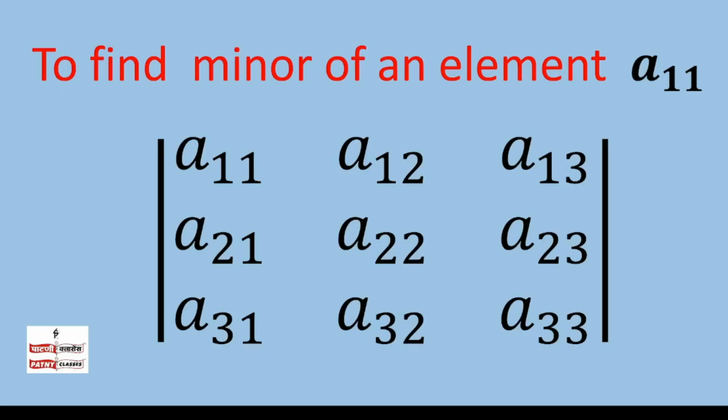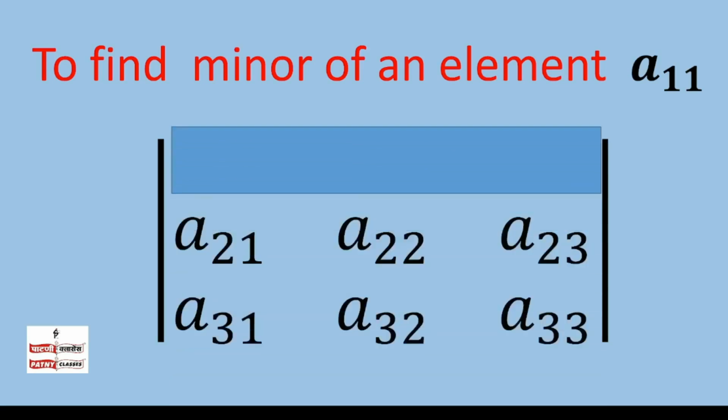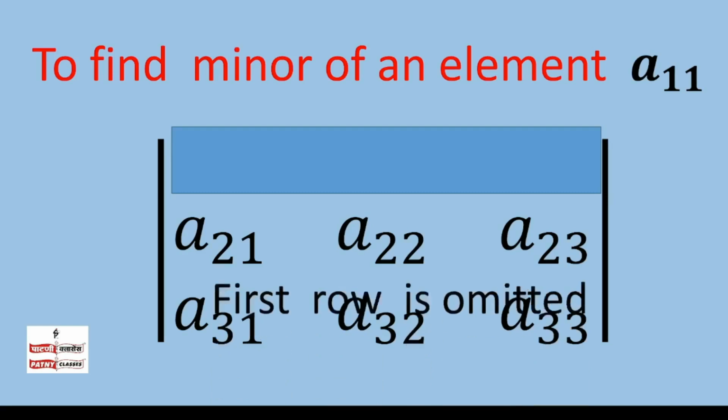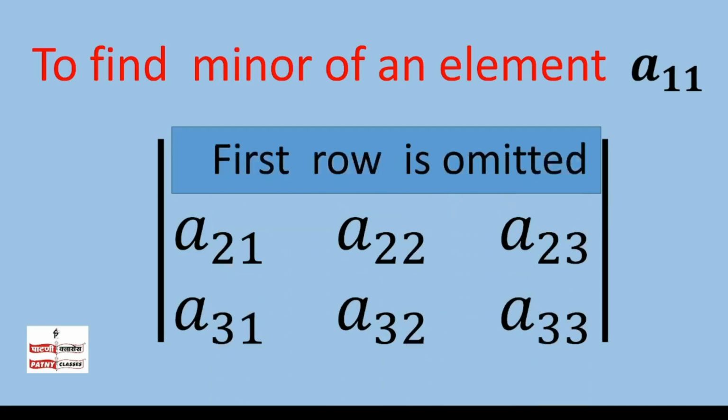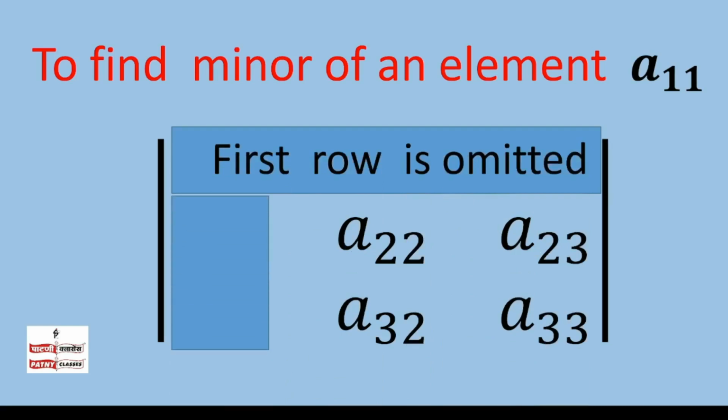To find the minor of element A11, we exclude row 1 and exclude column 1. That is, first row is omitted and first column is omitted. After that, we find the determinant of the rest of the elements.